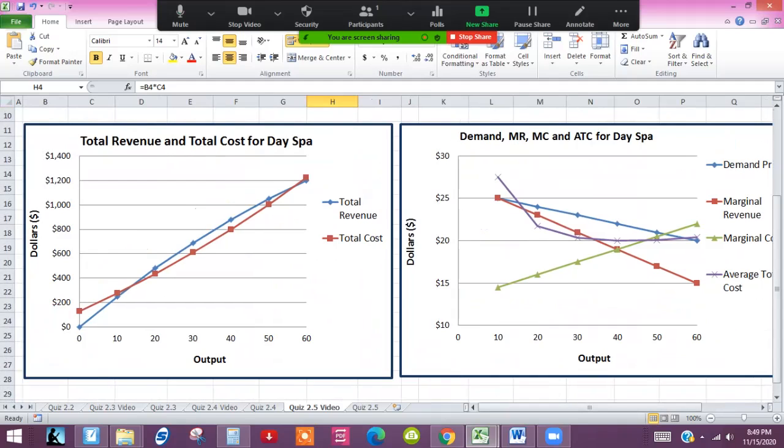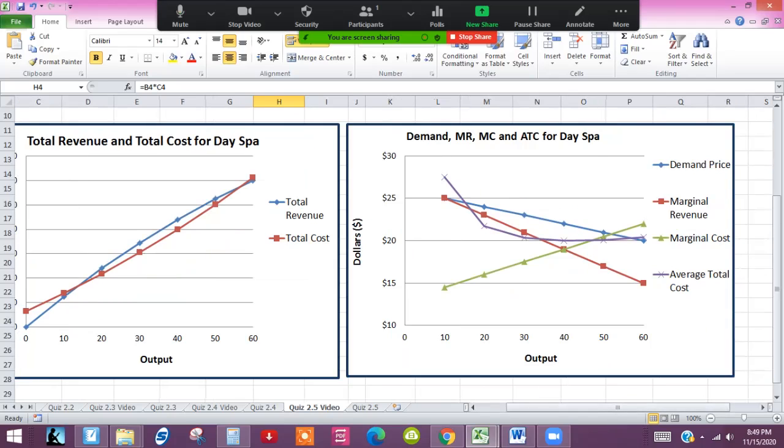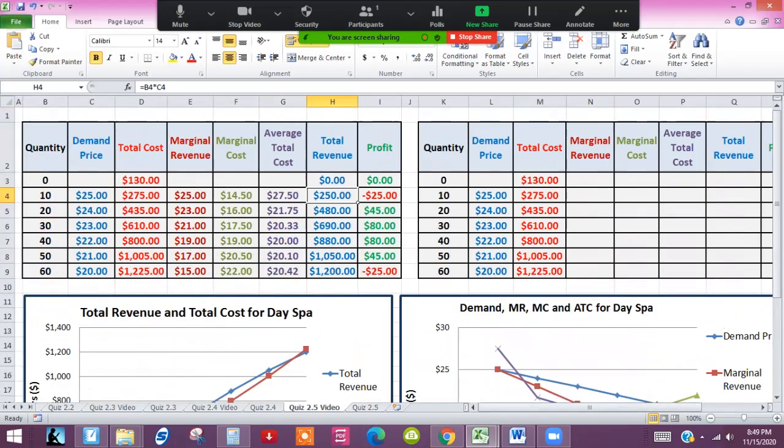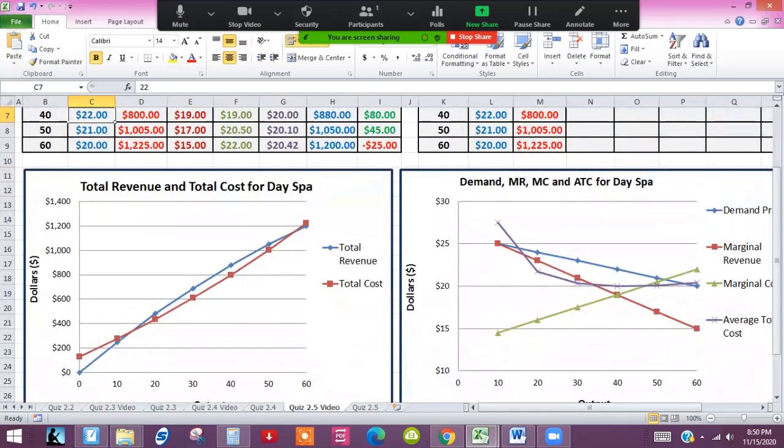You can see here just from the graph that the quantity is 40, or close to 40, and the price is somewhere between 20 and 25. So if you figure out your answers to be 40 right here, and 22 right here, the price matches up with what we're seeing right here, right? Price here, 22, quantity 40, right? Marginal revenue equals marginal cost at 19 right there, right? Okay.